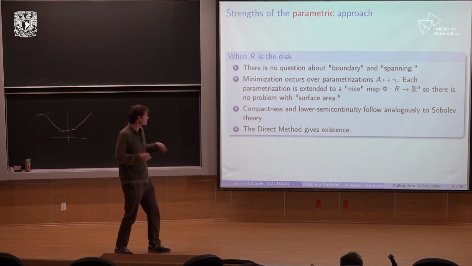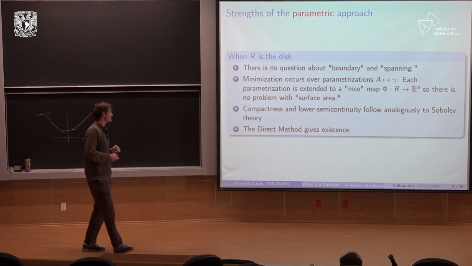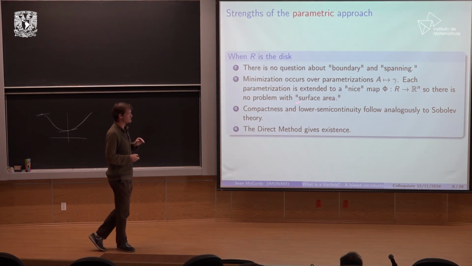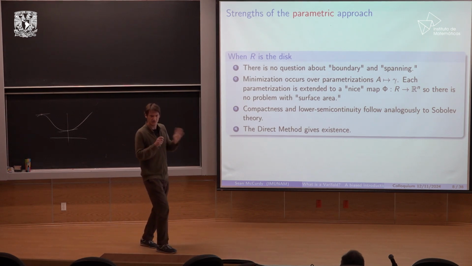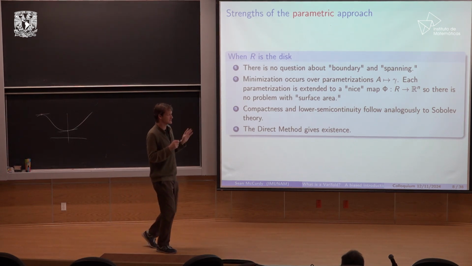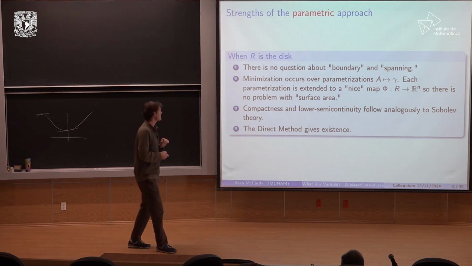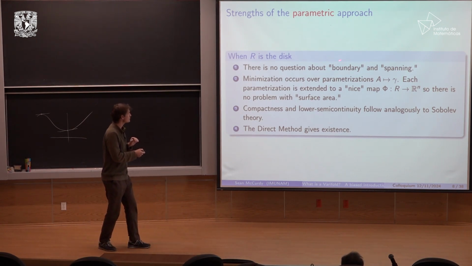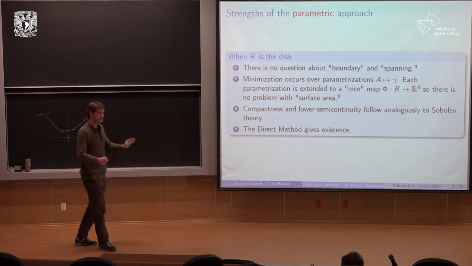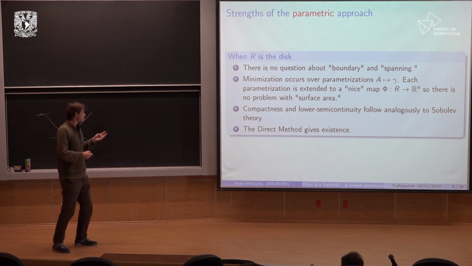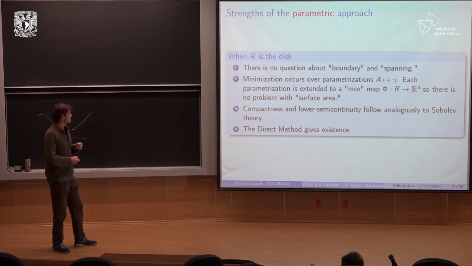And because these maps are so nice and smooth, there's no question about what we mean by surface area. They don't get so impossibly difficult that you have to raise questions about whether surface area makes sense here. So the main quantities in the problem are defined in a very natural, easy way. This is a great strength, very intuitive.